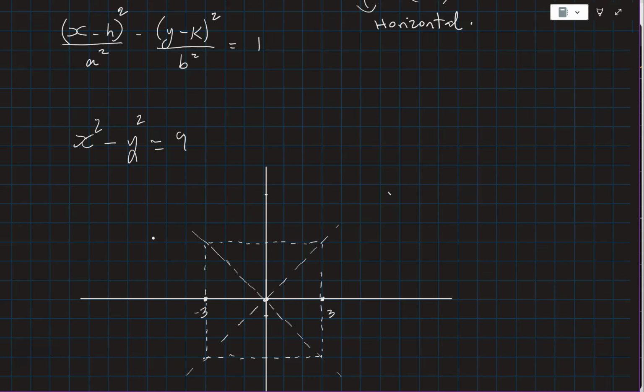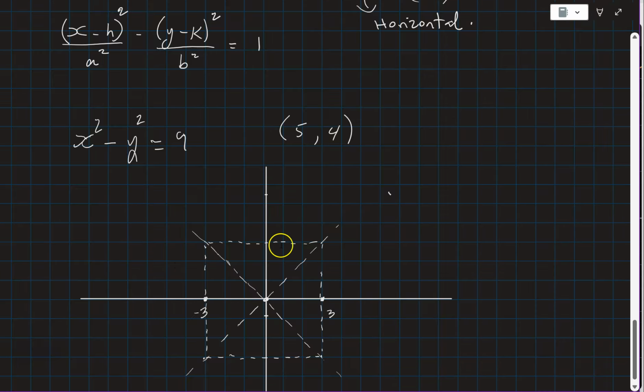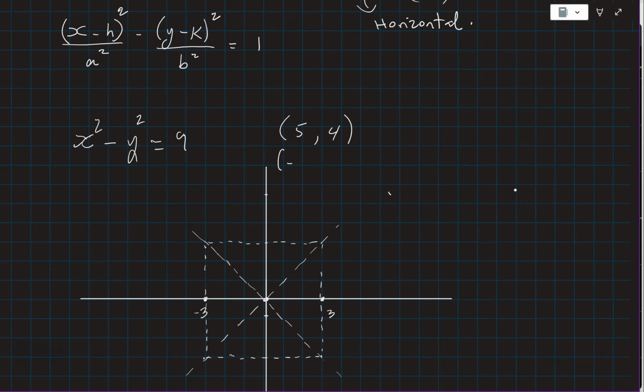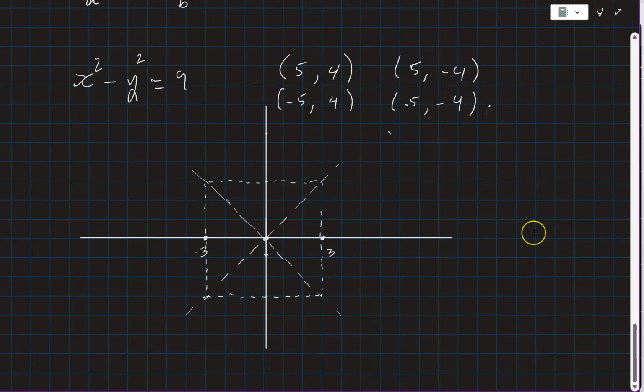Points (5, 4) and any variation of (5, 4) will work because it's squared. So I can do (5, 4), I can also do (-5, 4), and also (-5, -4) and (5, -4). All of those values will work when you plug them in.